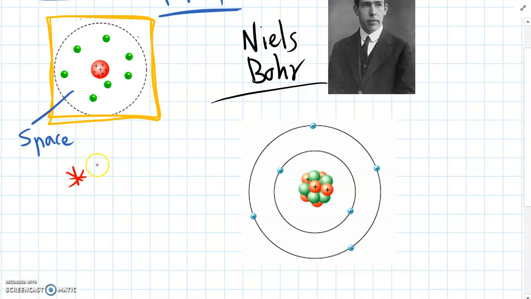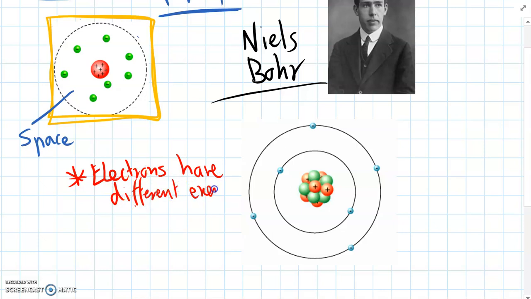So his main discovery was electrons have different energies. And then, secondly, that electrons further away from the nucleus have higher energies than ones closer to the nucleus.